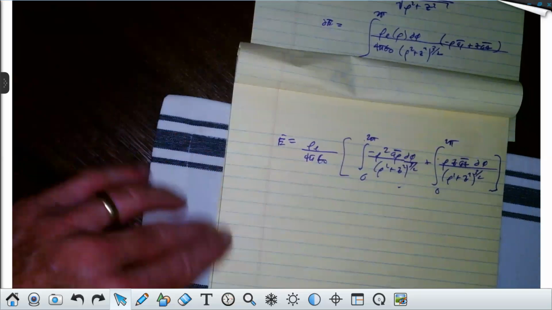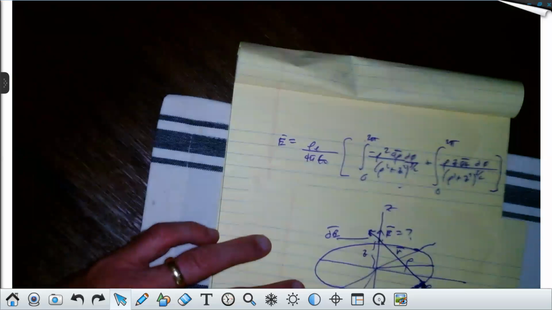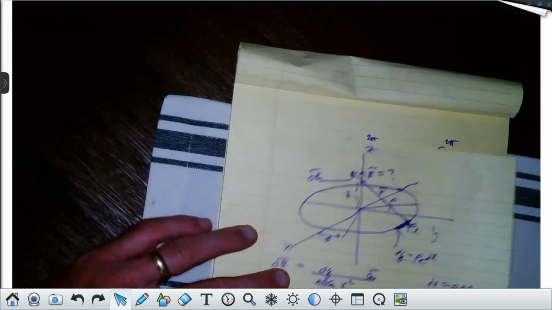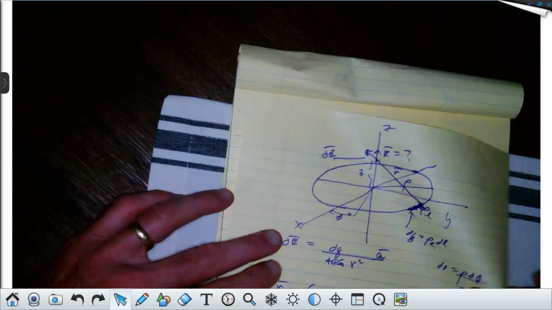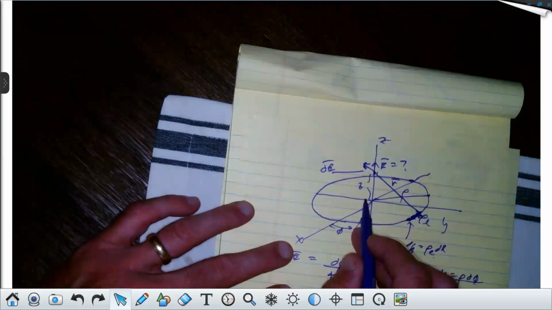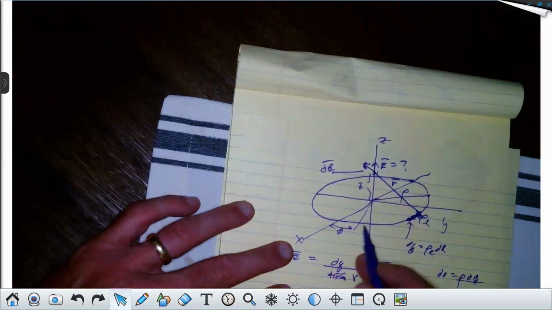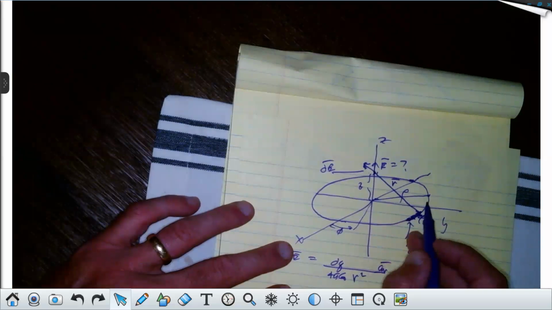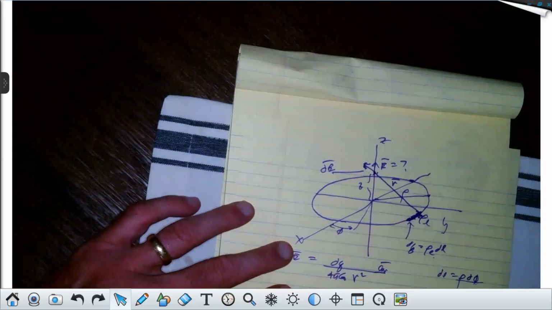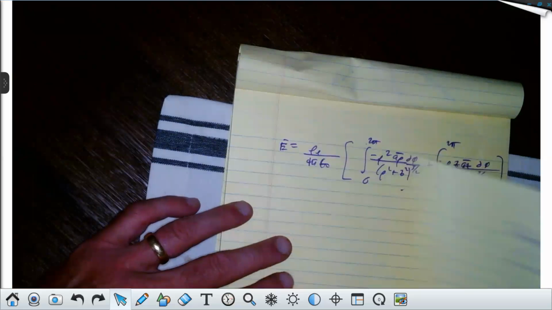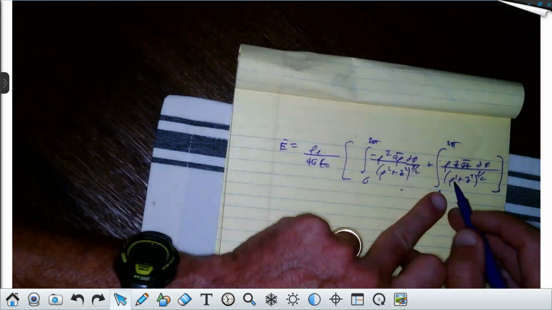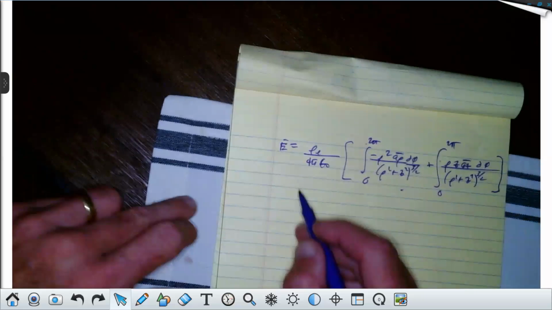Now, something I'm going to tell you. When you look at these values, rho and Z, isn't rho a constant and Z a constant all around this loop? No matter where I'm at, rho remains the same and z remains the same. Do you all agree with that? It means this integration, I could take this rho squared plus z squared to the 3/2 power out in front.